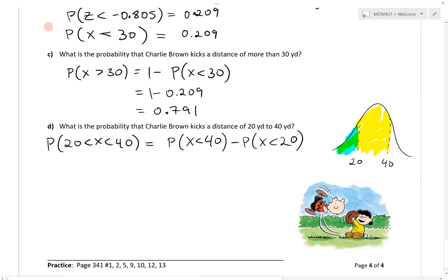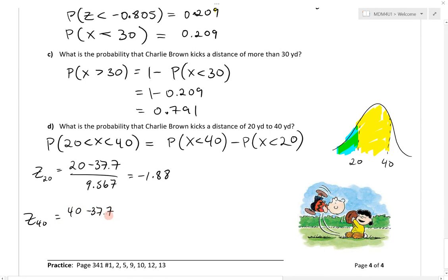Okay, so let's find the z-score for 20. The z-score for 20 is equal to 20 minus 37.7 over 9.567, and that's equal to negative 1.85. And the z-score for 40 is equal to 40 minus 37.7 divided by 9.567, and that's equal to 0.2404.